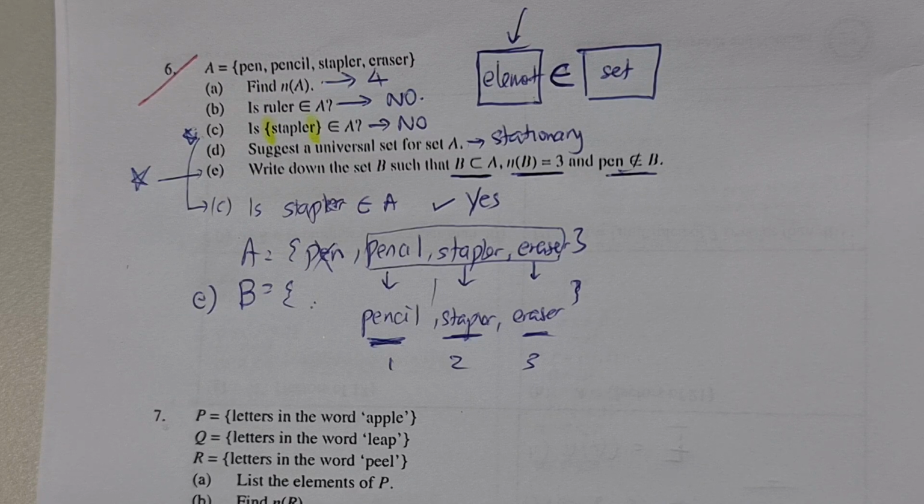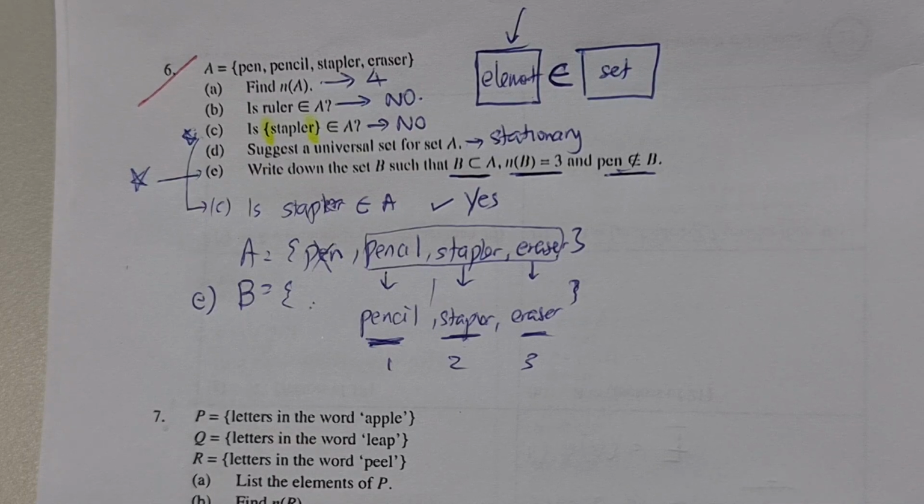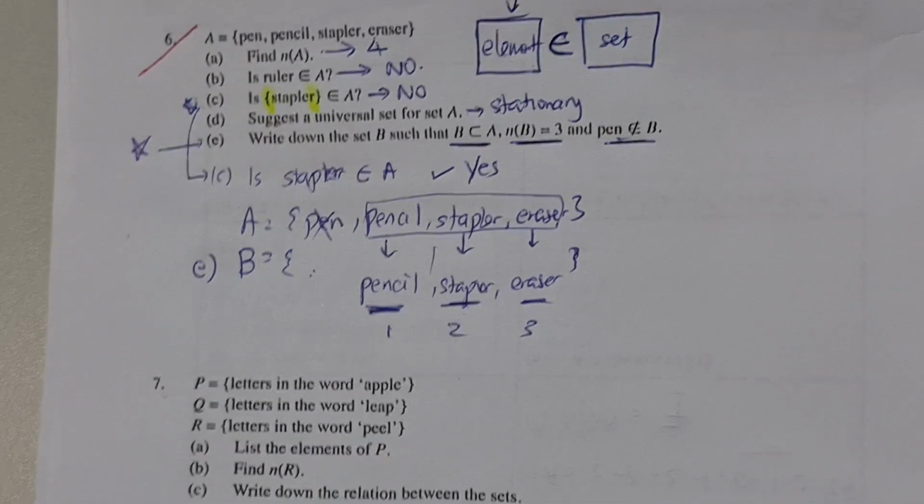So it can have either one, two, or three elements. In this case, they say there are three elements and no pen. So we just remove the pen and put down the three others. Then that is B. Okay, moving on.